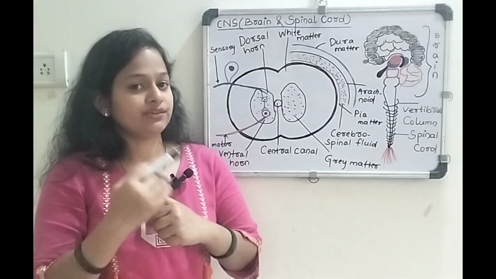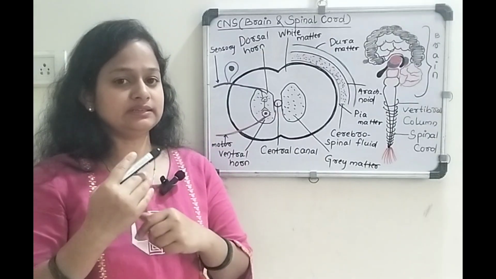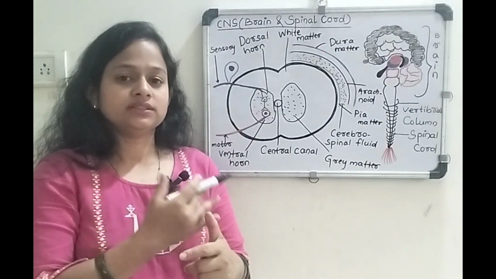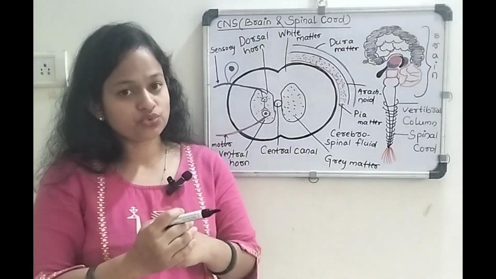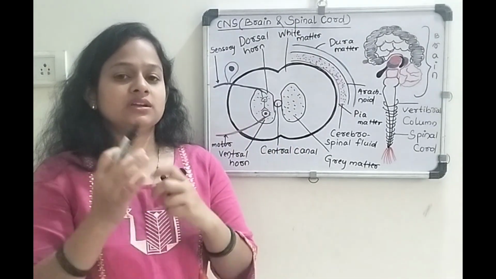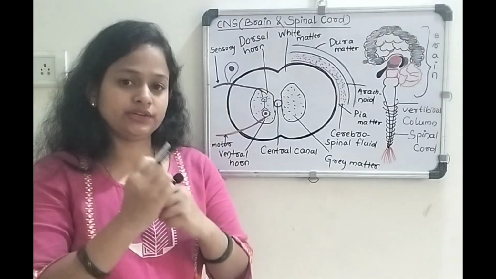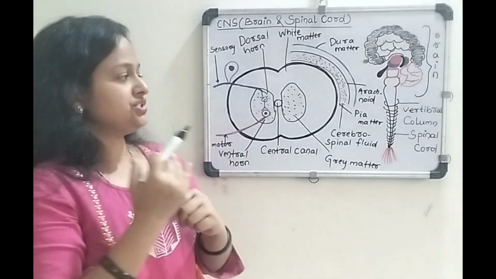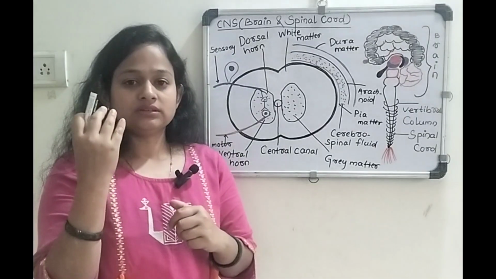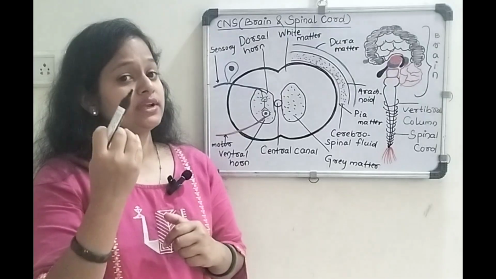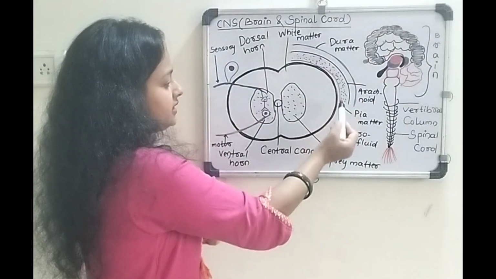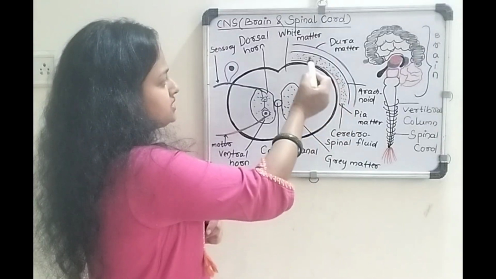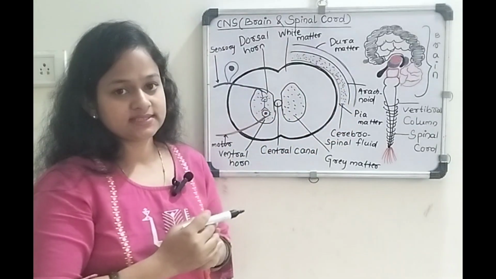I have already told you that, as in the brain, the cerebrospinal fluid in the spinal cord acts like a matrix which protects it from different types of injuries. The cerebrospinal fluid is present between the arachnoid and pia mater. It runs between these two layers.